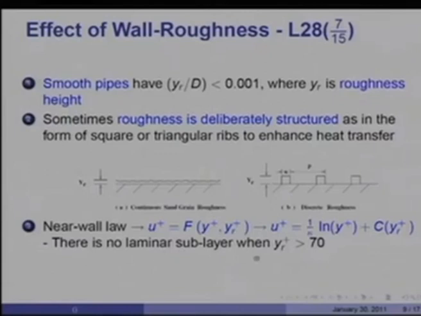Usually, the laminar sublayer does not exist when y r plus is greater than 70, and we say such a surface is fully rough surface. But if y r plus is less than 70, then you can still get effects of viscosity present, and we have to account for those. So, that is what we have done in the next slide.